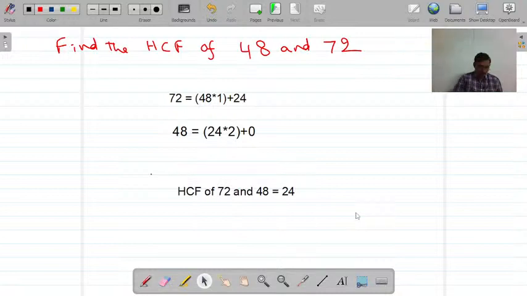So today we discussed division algorithm and Euclid's algorithm. Two topics we covered and we solved the problems related to this. Okay, and you can try a few more problems like this. I will give you some questions so that you can try them on your own.